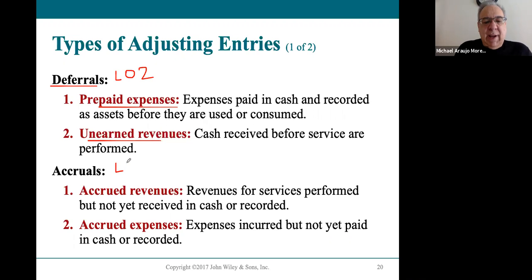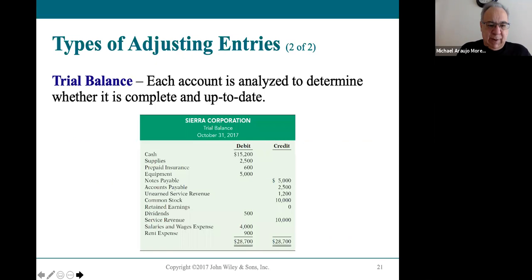Learning objective 3 is going to focus on the adjusting entries we called accruals. And accruals simply mean we want to make sure we have the revenue on the books, even though we haven't collected it yet. And we have to make sure the expenses are on the books, even though we haven't paid them yet. And so you're going to be learning that next time. Okay. Now, again, anytime you do an adjusting entry, the entries go into the journal.